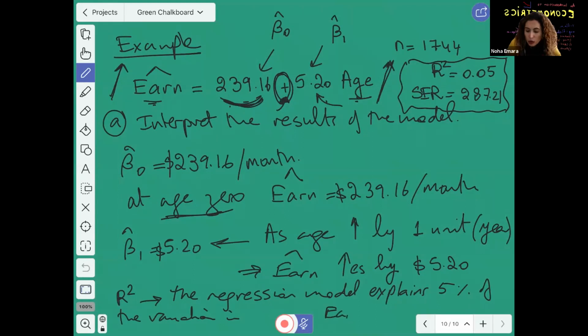This is very low, right? Because I want to maximize this as much as I can. So a 5% explanation is just a very, very small number.